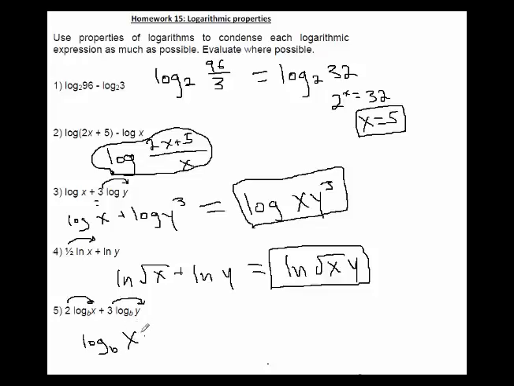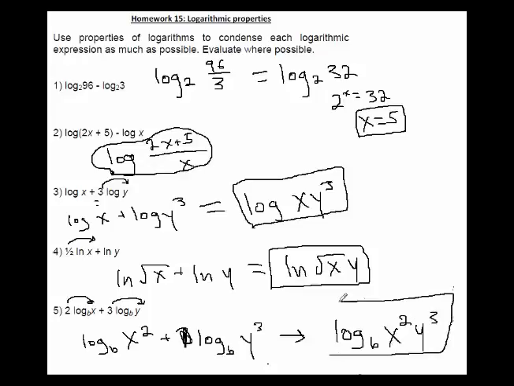So we can make this log base b, and we moved the 3 to the exponent of y, and then we can simplify it one more time by saying log base b of x to the 2nd times y to the 3rd. Again, really the same idea that we did before, except we had 2 exponents here that we were able to simplify.